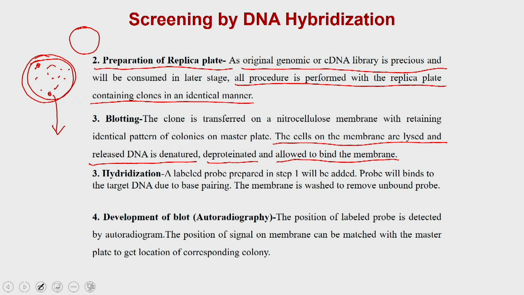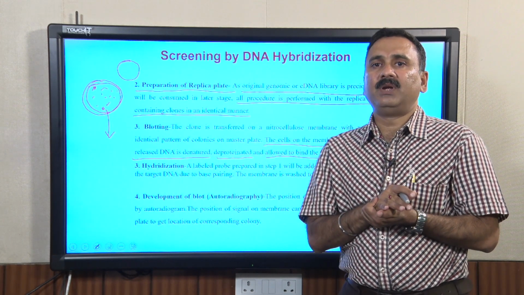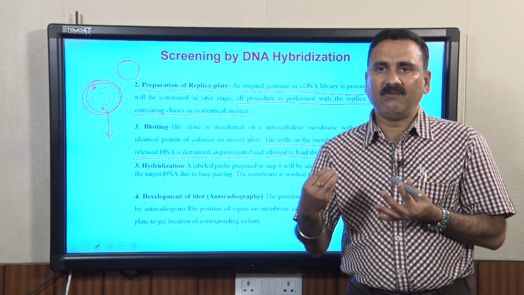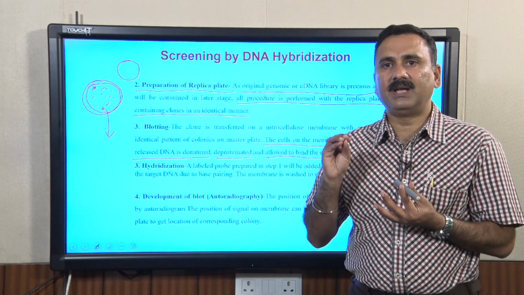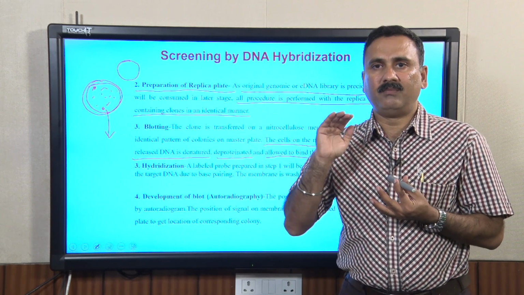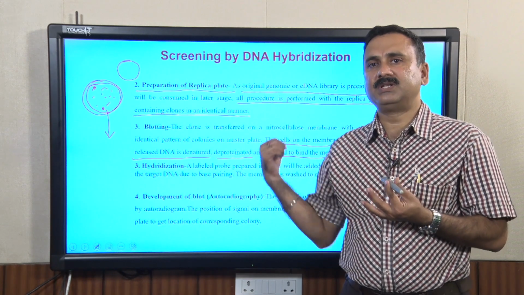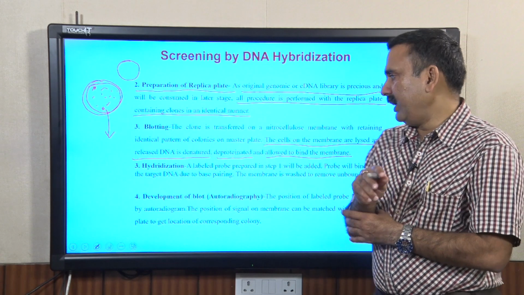The nitrocellulose membrane you use has a very high affinity for DNA molecules, so once the bacteria release the DNA from their cells, it gets blotted onto the membrane itself. In this process you denature the protein, so that the protein part is going to get away.